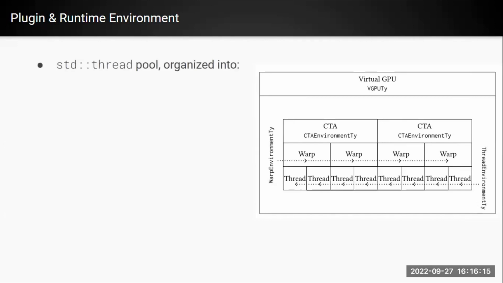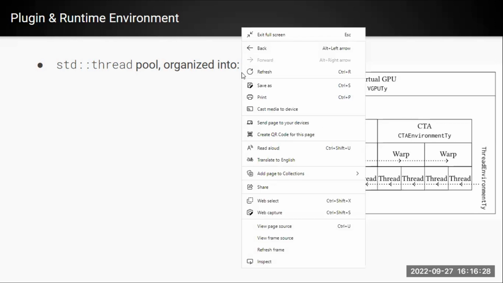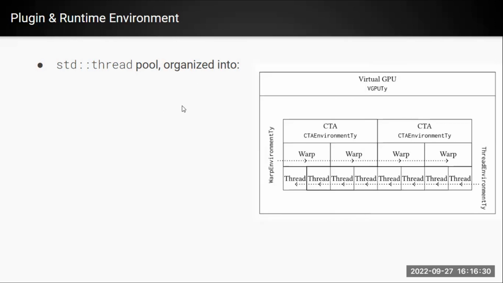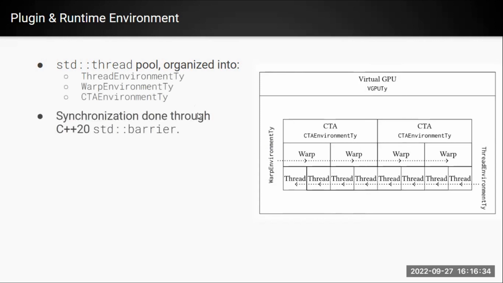And then we have to go outside of OpenMP to implement this for various reasons. So we use C++ standard threads that actually emulate our CPU threads. Each thread has access to these different environments.